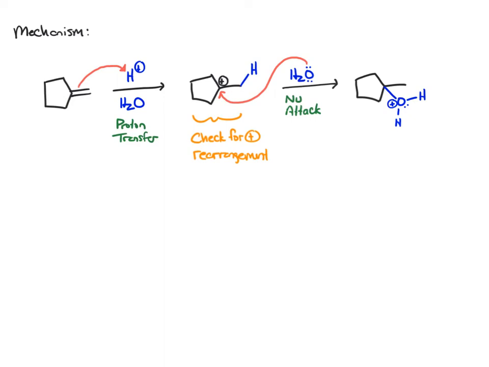Now we're not done here because we still have this charge on our species, which means it's a reactive intermediate. We want to end up with a neutral product. So what we need to do is get rid of that proton from the oxygen. And we need something with a lone pair to act as kind of a base to do that. What we can use is another molecule of water, because there's a bunch of water floating around. So you can use more water.